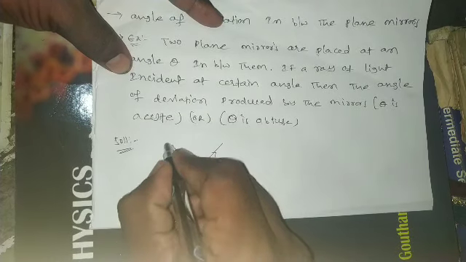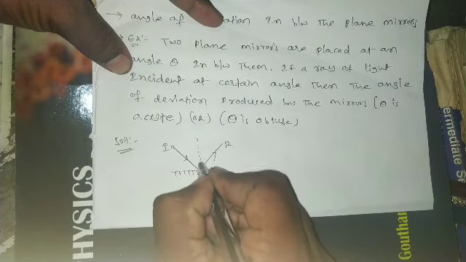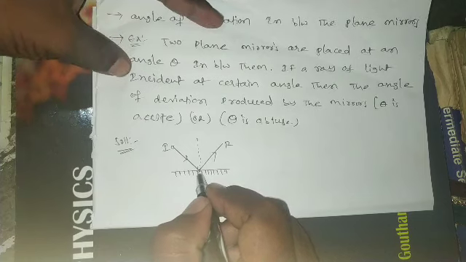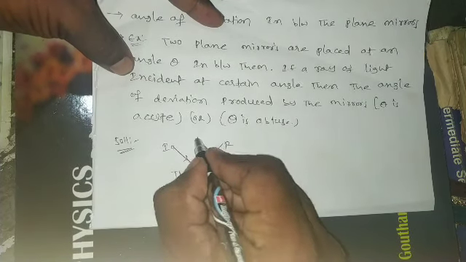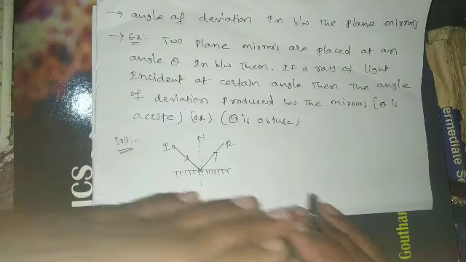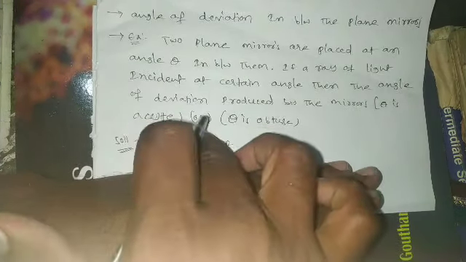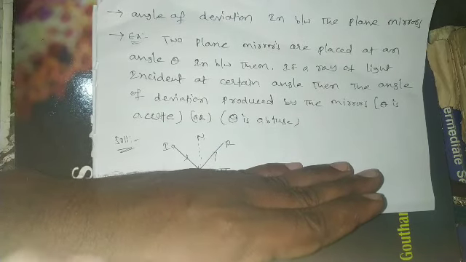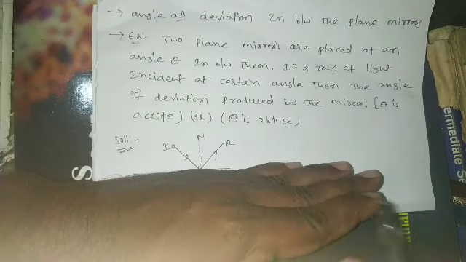This is the incident ray, this is the reflected ray, and the imaginary line passing through the point of incidence is the normal. The incident ray, reflected ray and normal lie in the same plane. That is the first law of reflection.